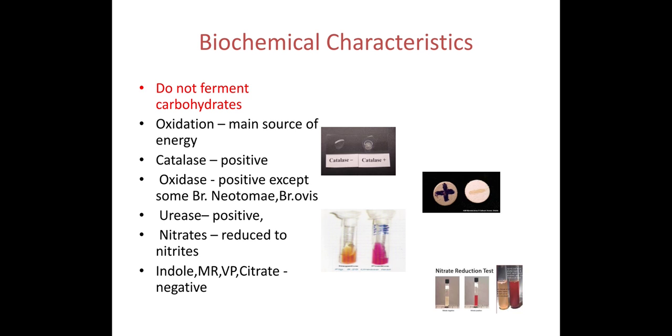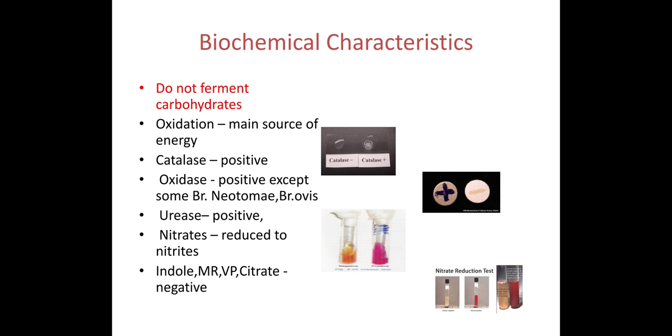Since Brucellae are strict aerobes, they cannot provide an anaerobic environment, hence they do not produce carboxylases, so they cannot ferment the sugars. But that doesn't mean they cannot utilize sugars. They utilize sugars by oxidation.